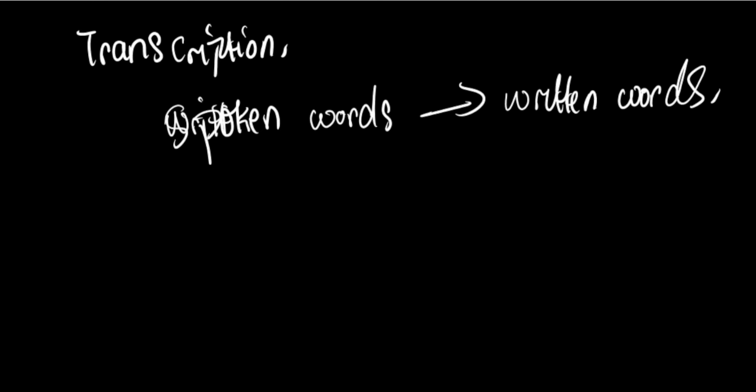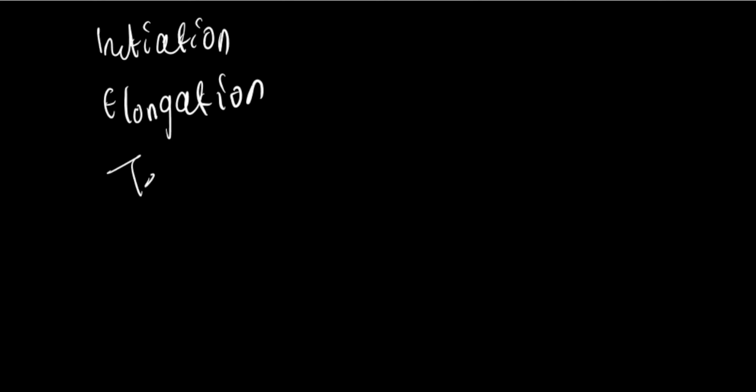Now, during DNA transcription, the information contained within the gene is transcribed, is written down on the RNA, the mRNA. Now, there are three major phases of transcription. First, we have the initiation, then we have the elongation, and lastly, we have the termination.